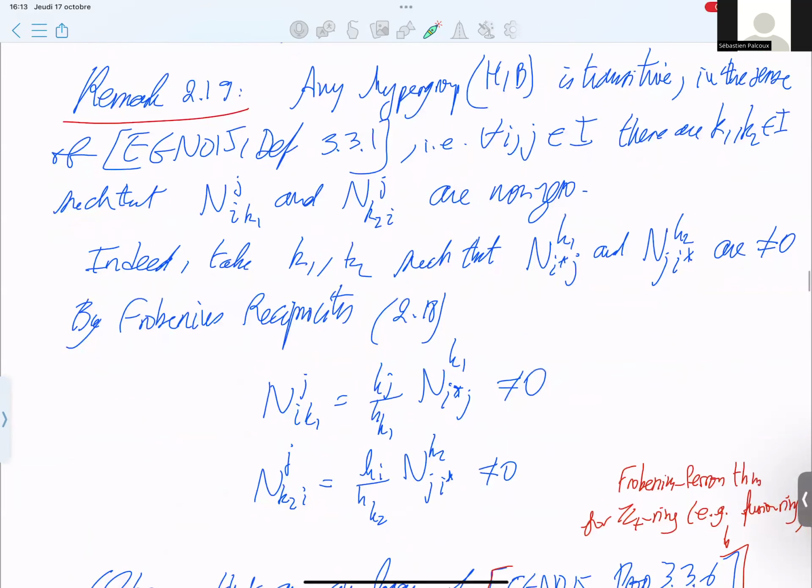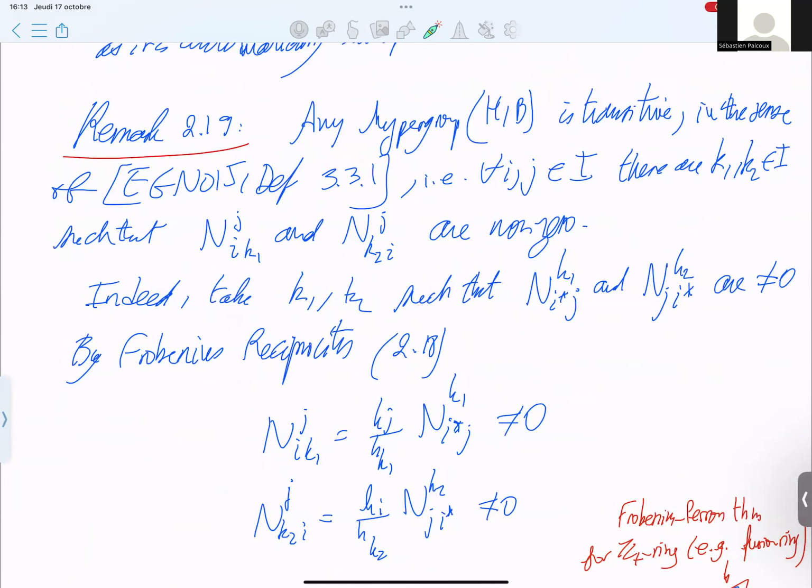So what is this remark about? The hypergroup is transitive. Okay, so we have a kind of transitivity. Transitivity is a property involving the fusion coefficient.